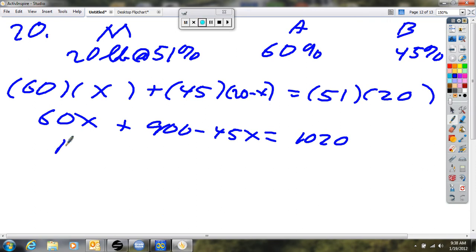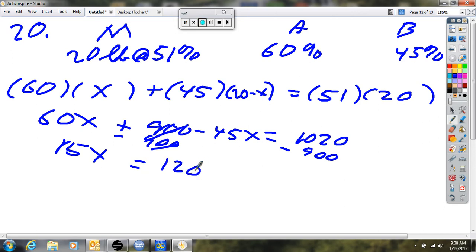This is what I do, I cheat. This is 15x, right? What am I going to do with the 900? I have to get rid of it, right? How do I get rid of it? By subtracting. Minus 900. I do it in the same step. I add those together, write it down, then I move this. This is gone, so 15x equals what?